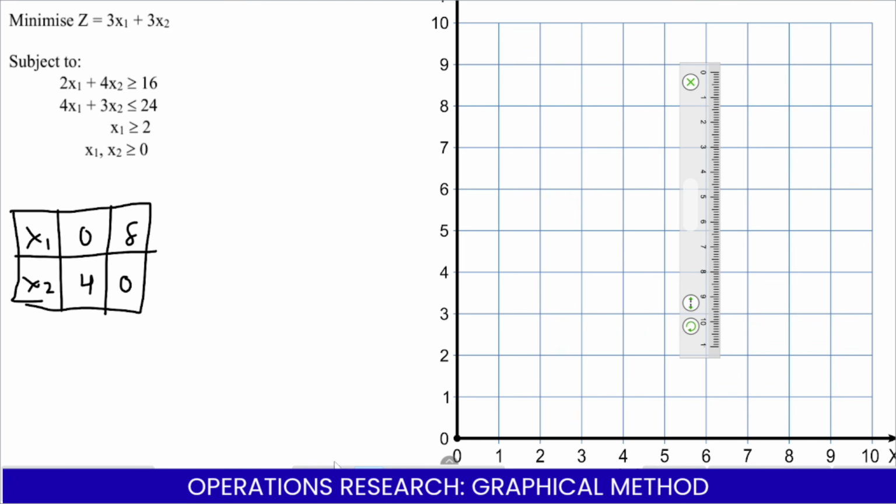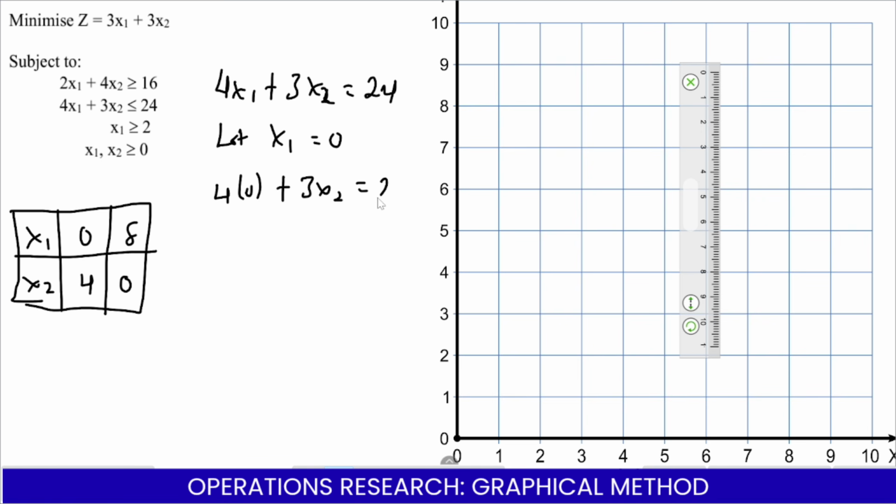Okay, so for the second constraint, we have 4x1 plus 3x2 is equal to 24. So let x1 be equal to 0. So we will have 4(0) plus 3x2 is equal to 24.